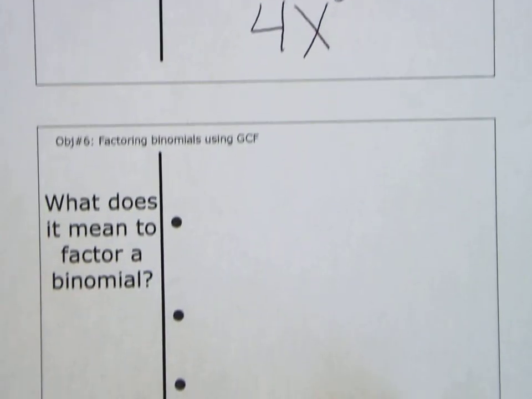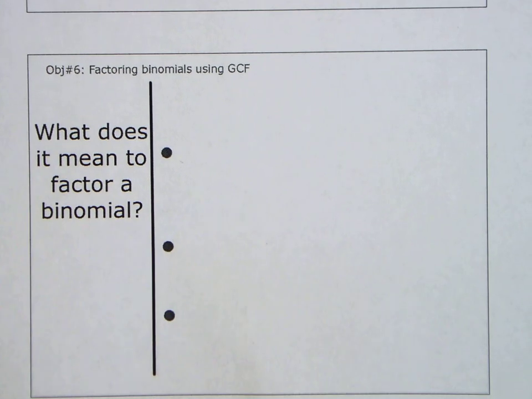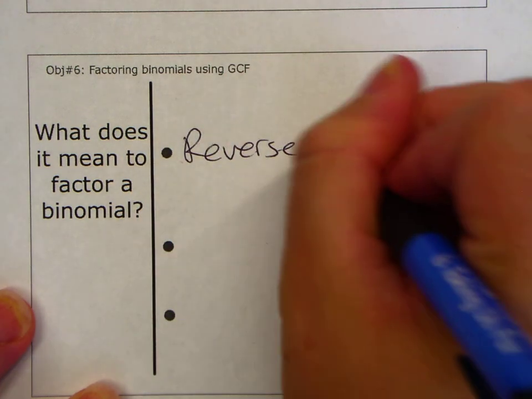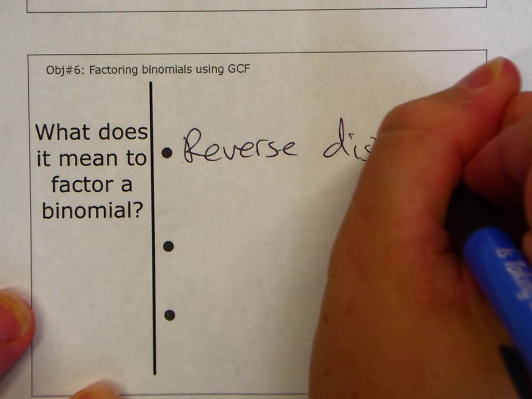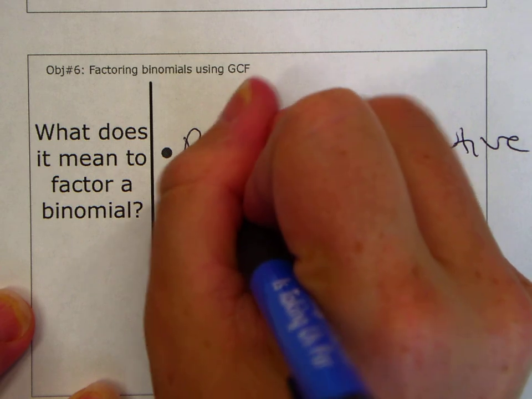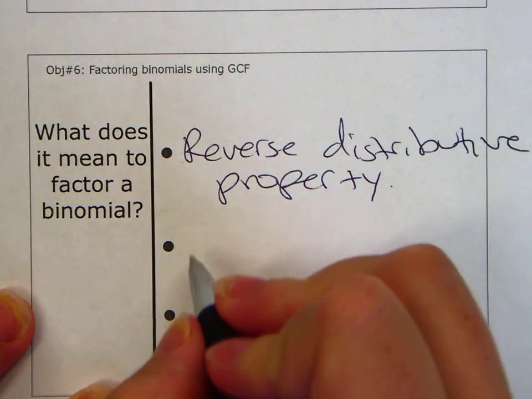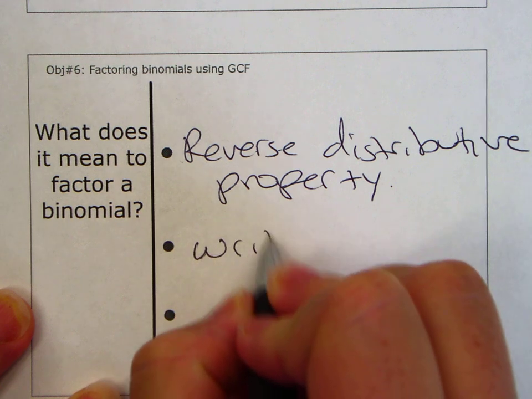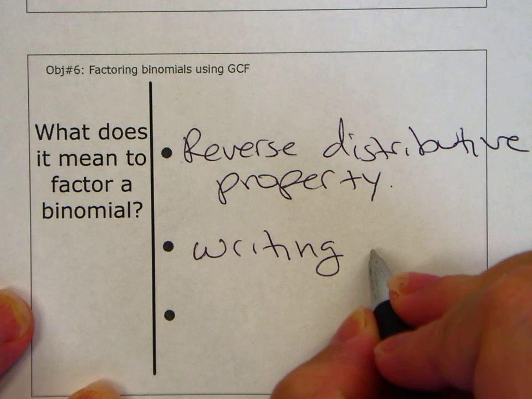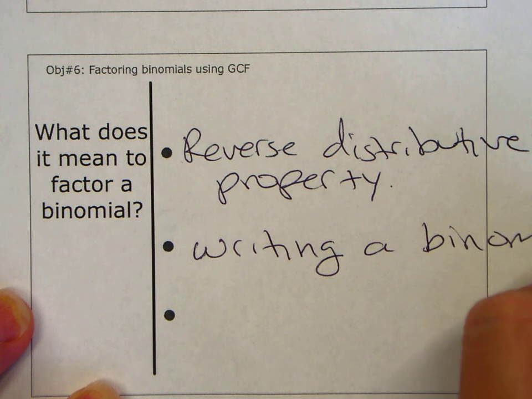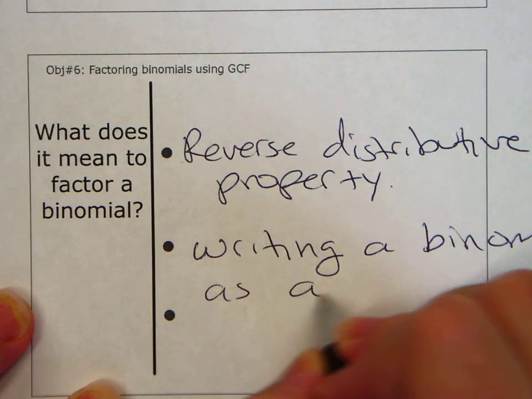All right. What does it mean to factor a binomial? To factor a binomial is the reverse distributive property. That's the key. And it also means writing a binomial as a product.